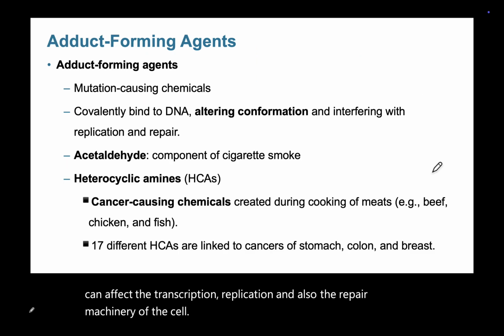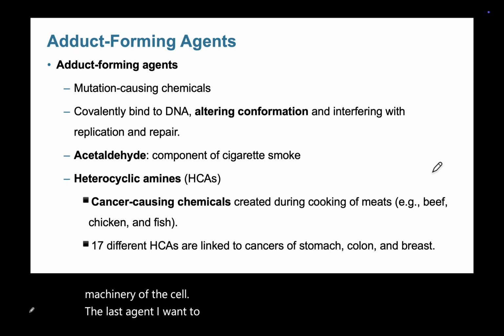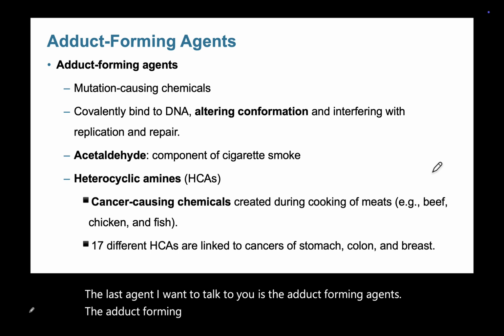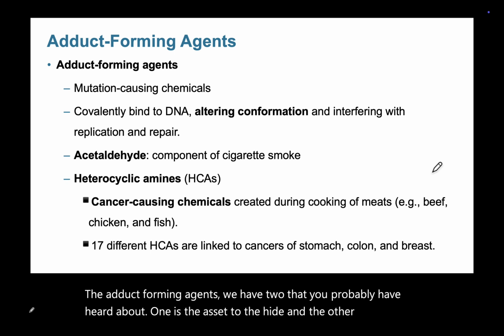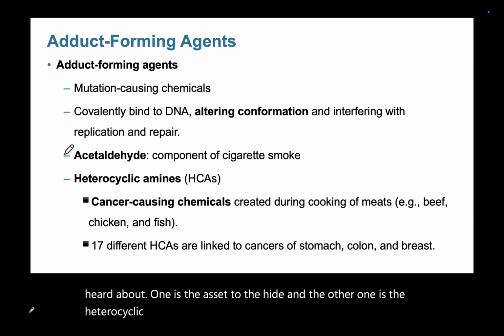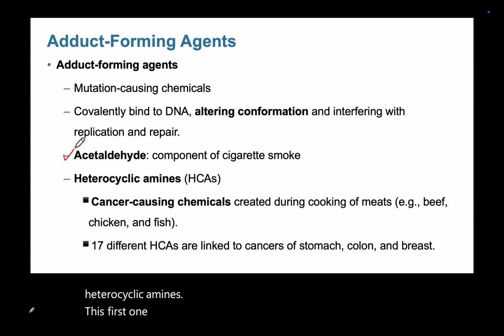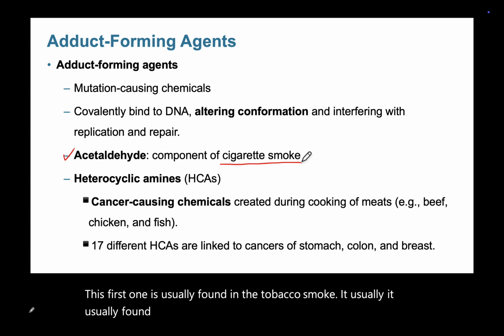The last agent I want to talk to you about is the adduct forming agents. We have two that you probably have heard about. One is acetaldehyde, and the other one is the heterocyclic amines. The first one is usually found in tobacco smoke. It's usually found in a cigarette.